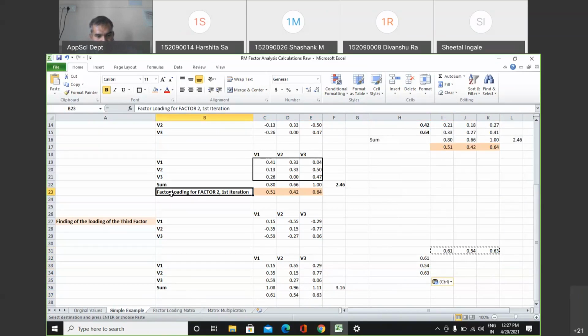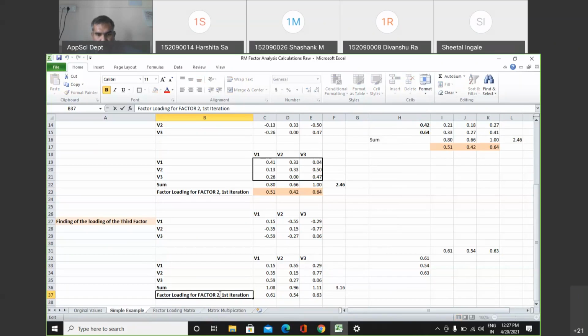And here we can write factor 3. Okay. So here this multiplied by this and fix.